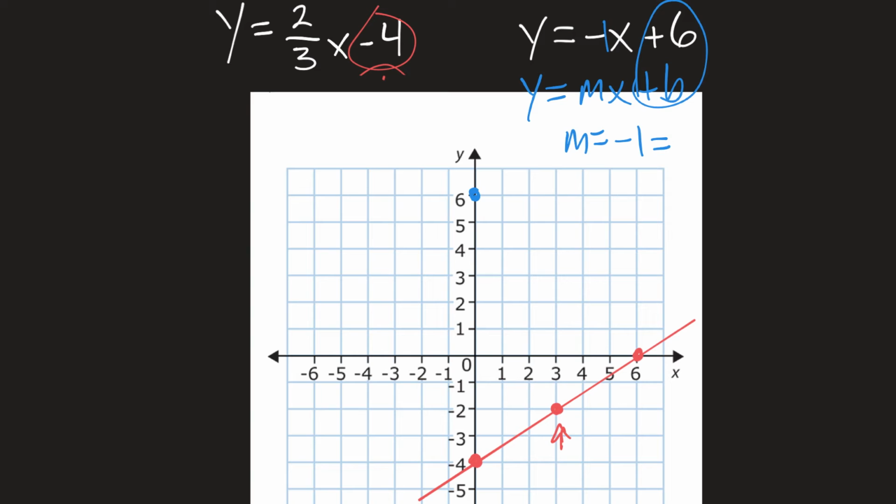We can make that a fraction, -1 over 1. That means the rise is -1 and the run is +1. So I would go down 1 and over 1 from the y-intercept, and go down 1 over 1 again. You can do this all day. And look, it makes a line, and that line intersects at a very special place.